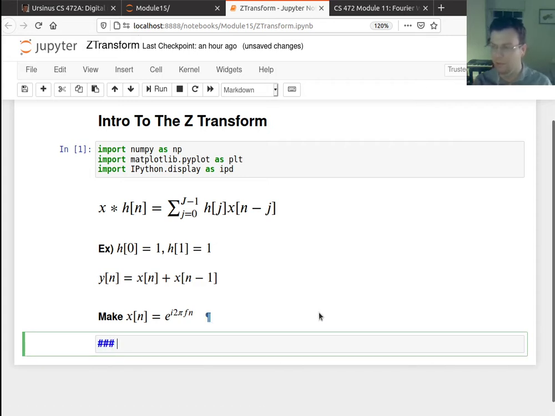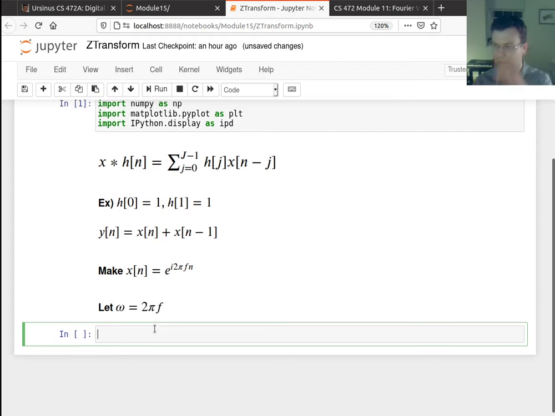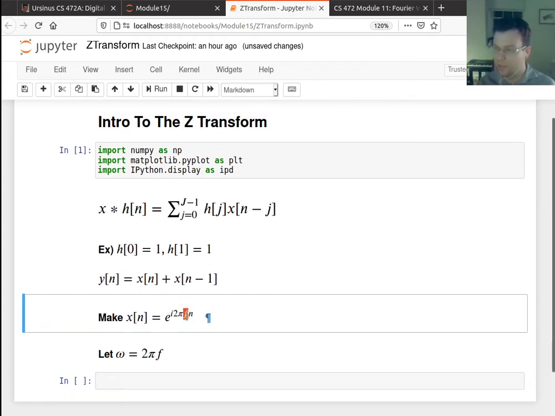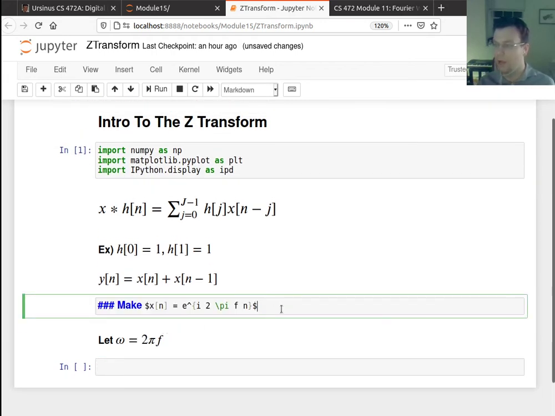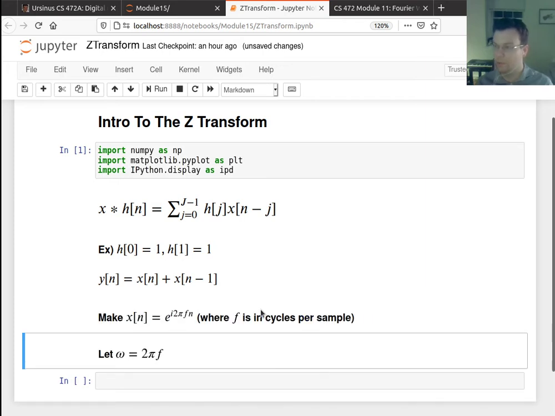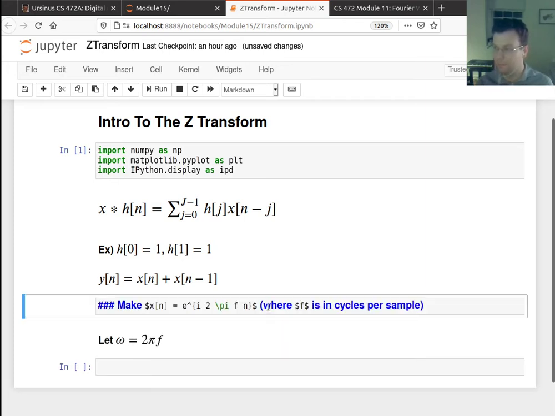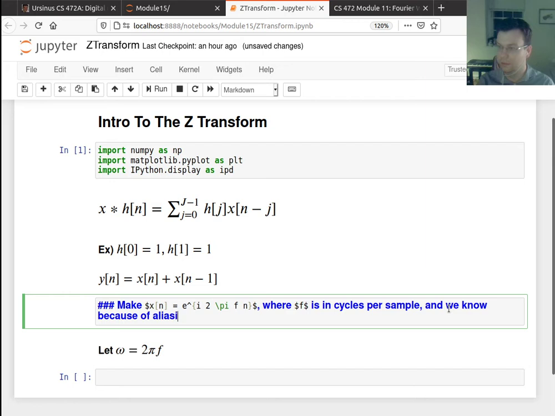I'm going to let omega be 2 pi f. This is called a radian frequency, whereas f is expressed in cycles per sample. We know because of aliasing that the max f can be is a half.